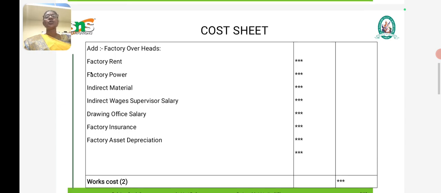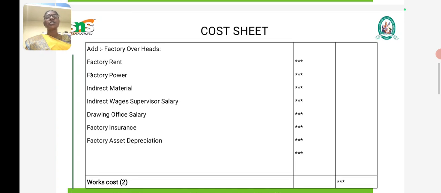Direct material is used in the prime cost, but indirect material is used in the work cost. Then indirect wages, that is the supervisor salary. Then drawing office salary, factory insurance included in the work cost, then factory asset depreciation. These are all the expenses added in the work cost.